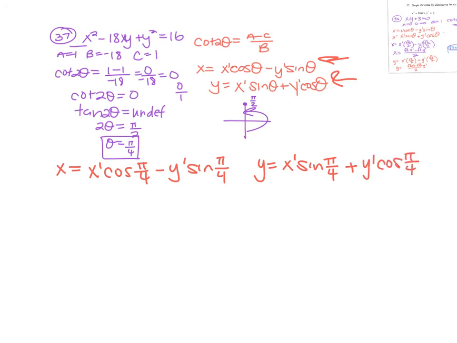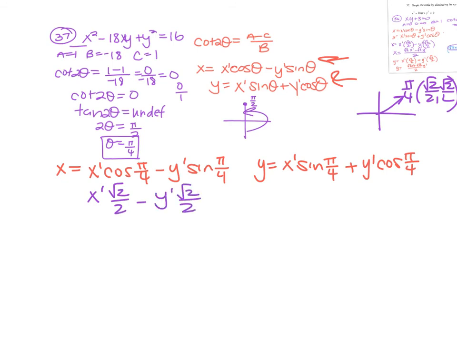And then you'll have your unit circle, but hopefully there's things that you can do quickly, like pi over 4 would be root 2 over 2 and root 2 over 2. So they're the same. So this is going to be x prime times root 2 over 2 minus y prime root 2 over 2.